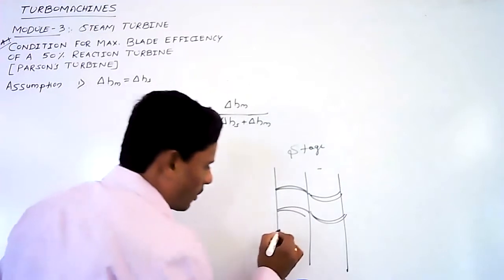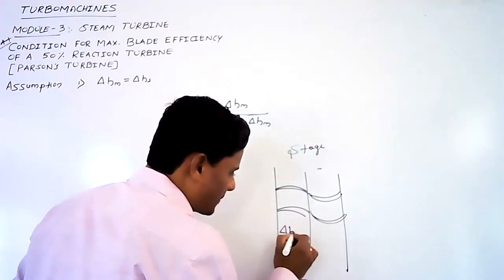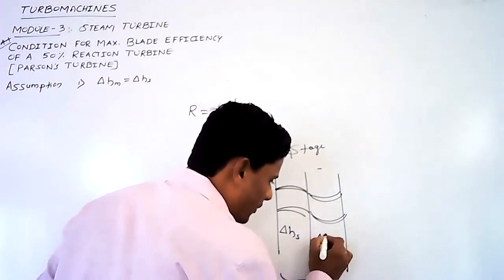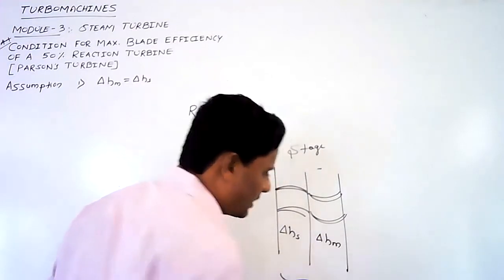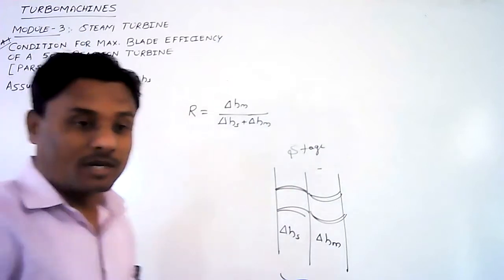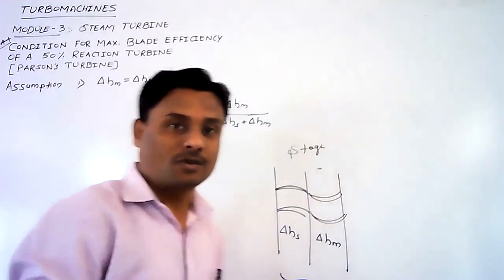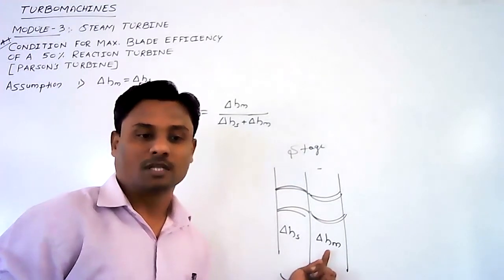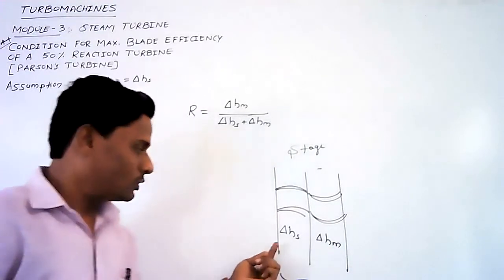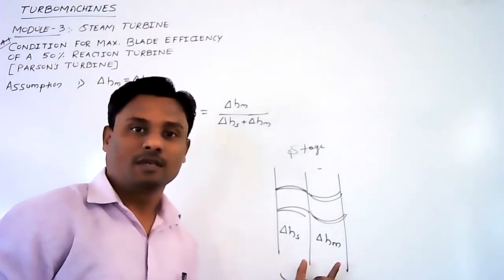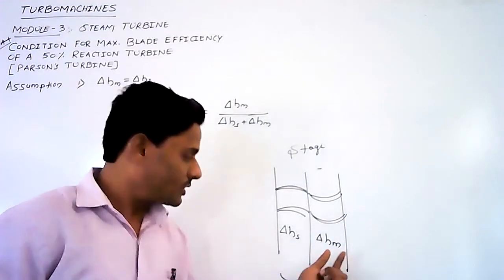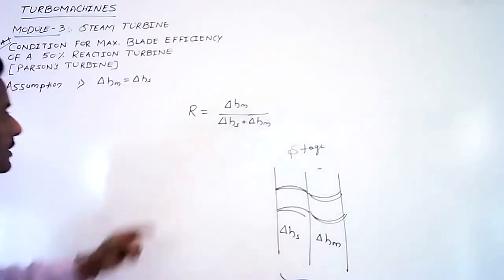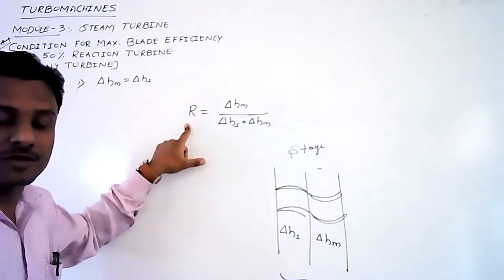Now the enthalpy drop in the fixed blade is represented by delta HS, and the enthalpy drop in the moving blades is represented by delta HM. So the degree of reaction is defined as the ratio of the drop in enthalpy in the moving blades to the total drop in enthalpy in that particular stage, that is the sum of delta HM and delta HS. This is the definition of degree of reaction.